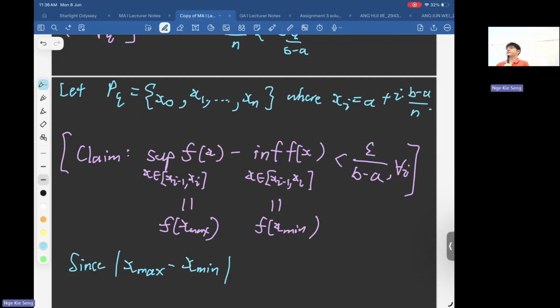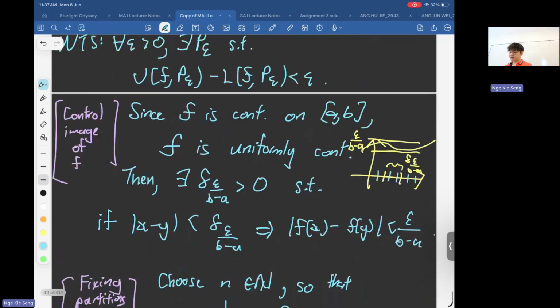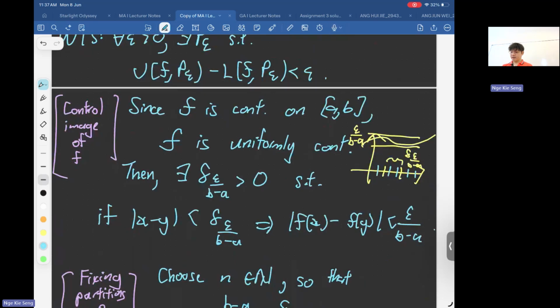How did we pick this interval? We make sure that its length is less than delta of epsilon over (b minus a). When two points are within this distance, we can make sure that their f(x) and f(y) are within epsilon over (b minus a).